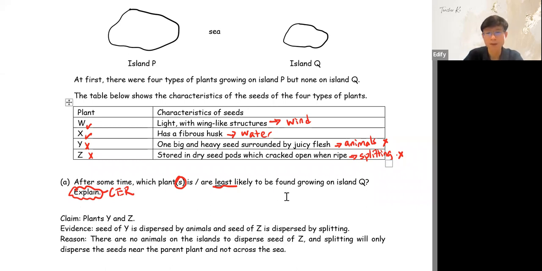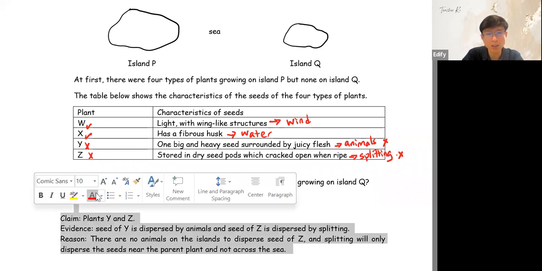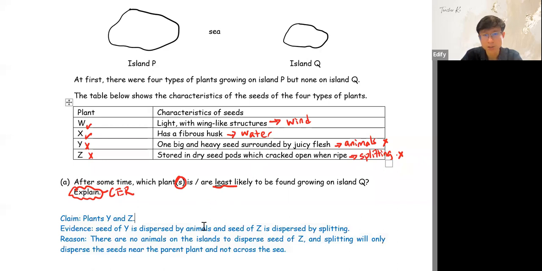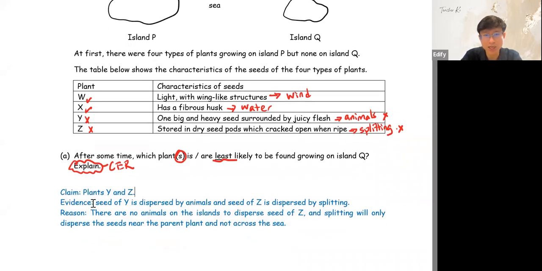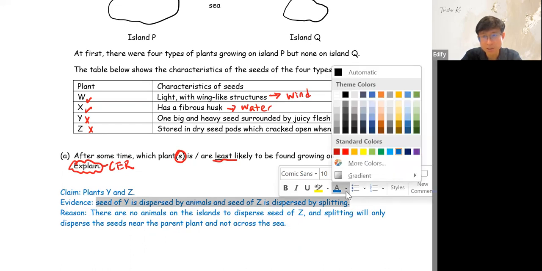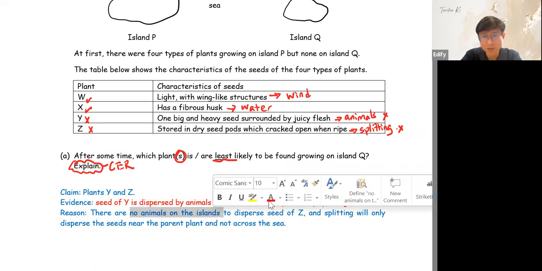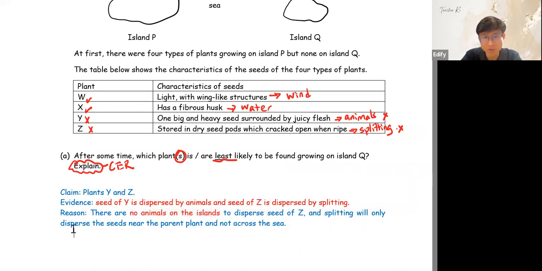Something like that. Okay, so CER, that's it. What I will want to see is your evidence, right? I want to see your evidence. I also want to see your reasoning. Why can't it be dispersed by animals? Because there are no animals on the island. Why can't it be dispersed by splitting? Because it's only dispersed near the parent plant.